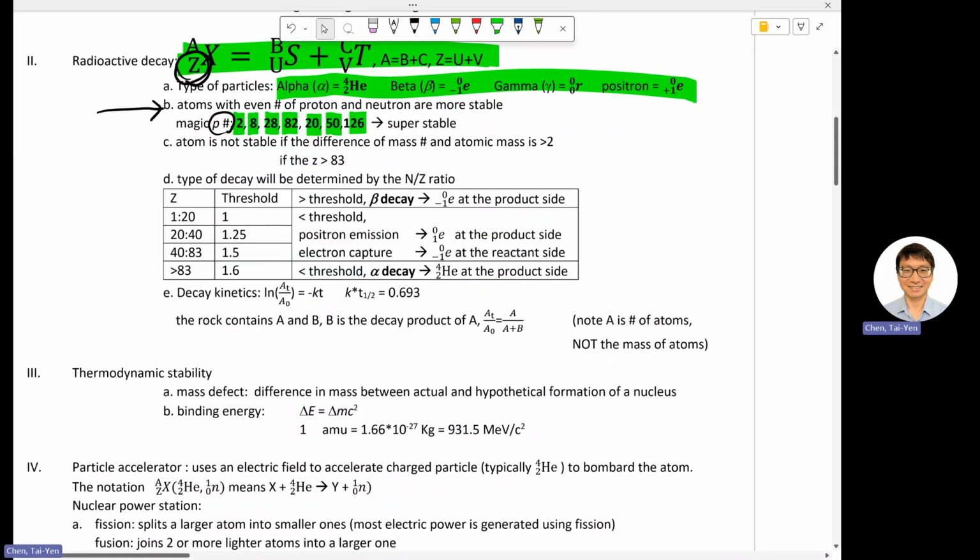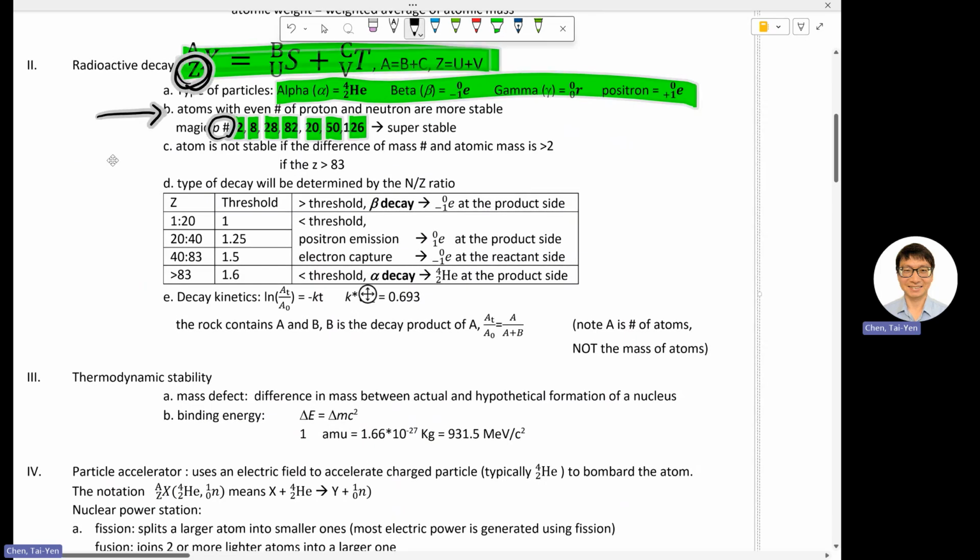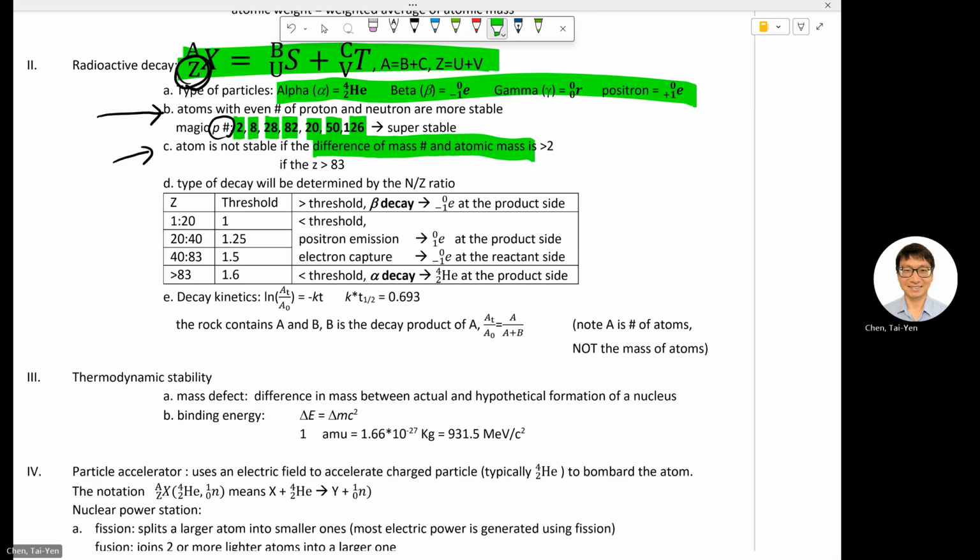But that is not the one you get asked most often. This is the one you get asked most often. If I give you an atomic symbol and ask you to predict whether it is a stable nuclei, you need to calculate this first: the mass difference between your atomic mass and your mass number.